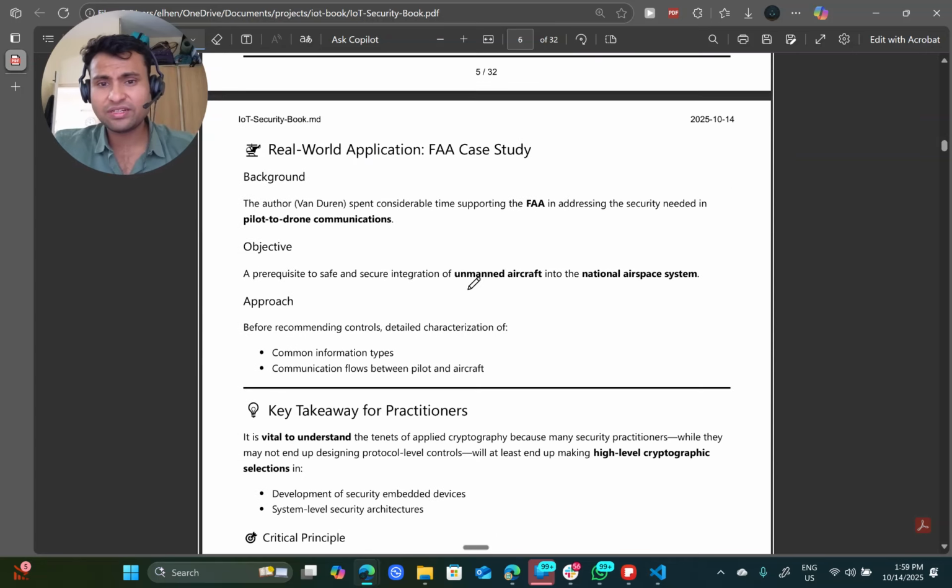There is one real world application, the FAA case study, in which the author Van Duren spent time describing the security needed in piloted drone communications. The objective was a prerequisite to safe and secure integration of UAVs into the national airspace system.